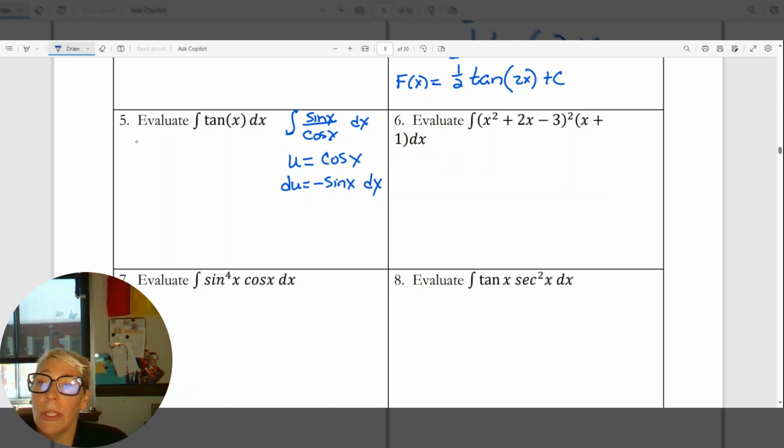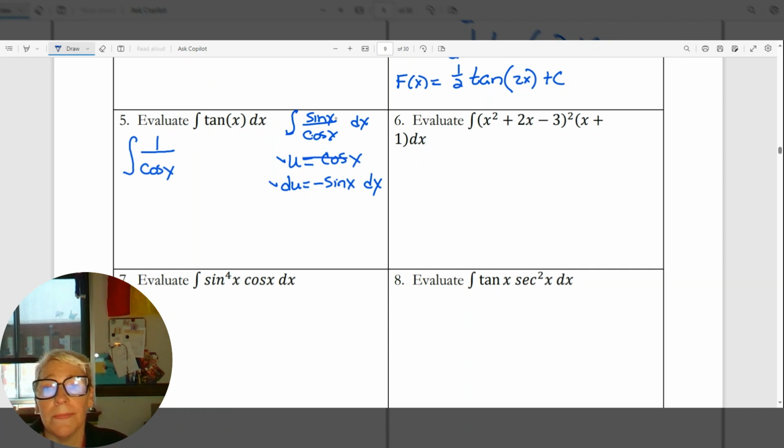All right, I'm now looking to rewrite my sine over cosine dx using all of u and all of du. So cosine of x is in the denominator. That means I have 1 over the cosine of x.